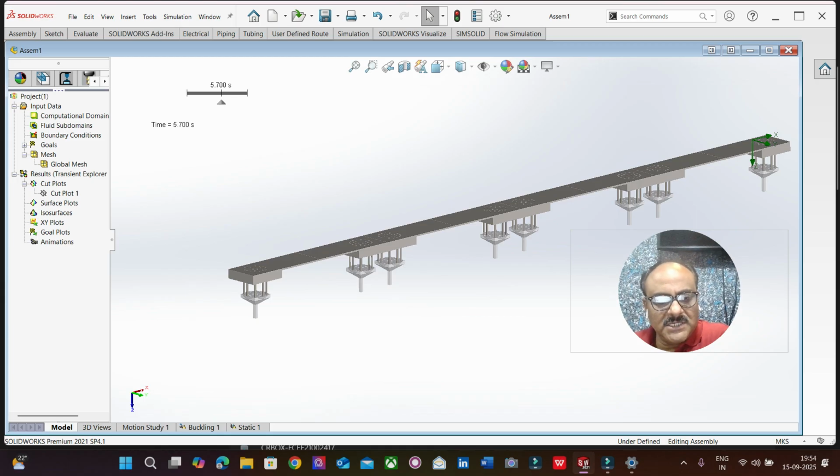Okay, and we can see up to the pile, I mean the pier wall, and then you have the pier cap, and on the pier cap are the columns, and then the columns are connected to the superstructure. Since it's a circular section, the flow is going to be circular.